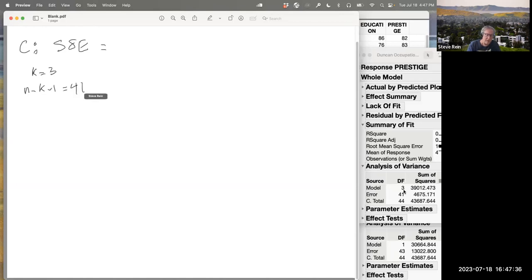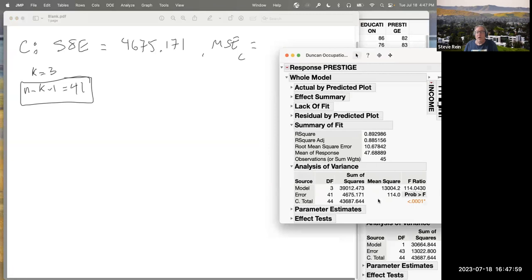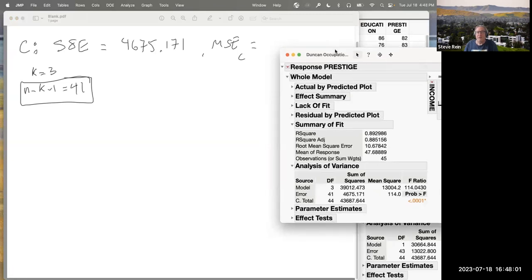These are the denominator degrees of freedom we'll ultimately be using. We have SS error for the complete model is 4675.171. And mean square error, MSE, for the complete model is 114.0.